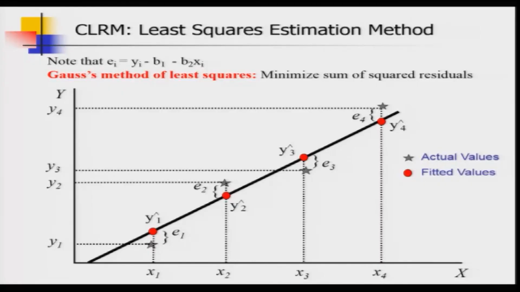Note that we can write the regression residual as e_i equals y_i minus b1 minus b2 times x_i. Gauss suggested that we minimize the sum of the squared residuals. We did this least squares estimation when we were talking about curve fitting in part 1.